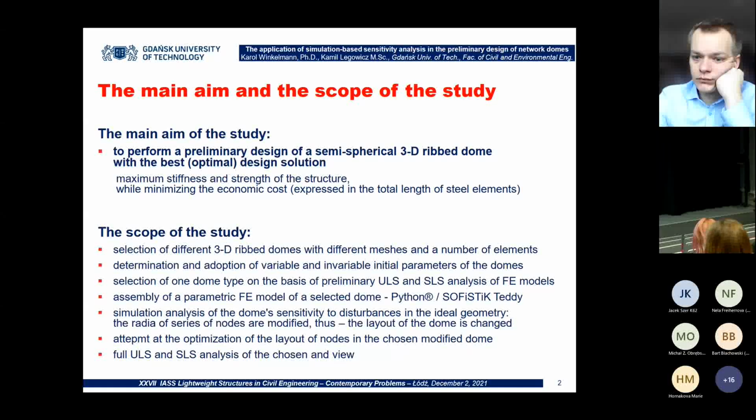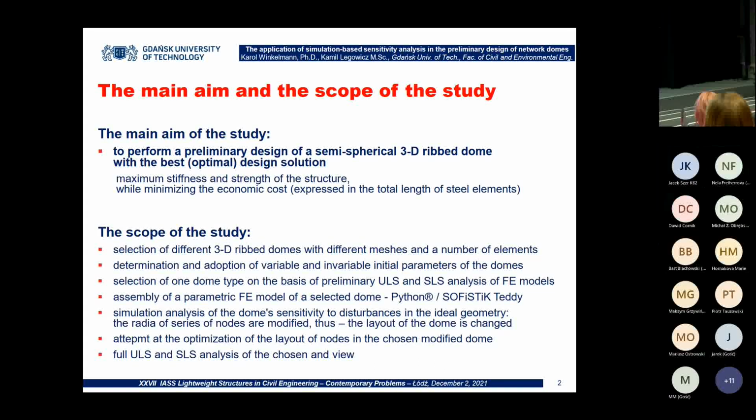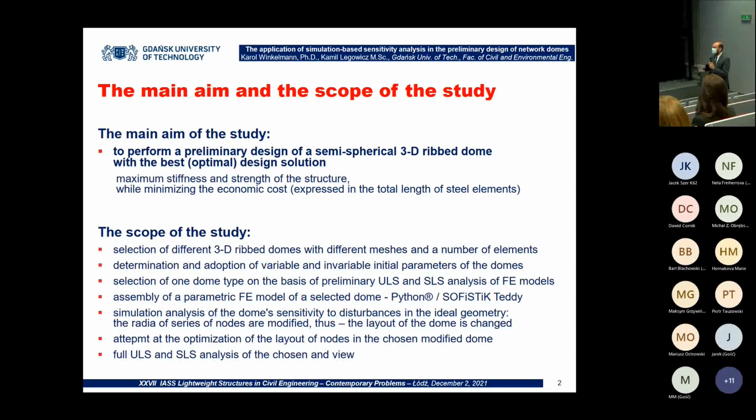Okay, so this time the main aim of the study is to preliminarily design a semi-spherical three-dimensional ribbed dome, a network dome, with the best possible solution to its design. Of course, we aim to have maximum stiffness and maximum strength of the structure, and we also aim to minimize the economic cost.